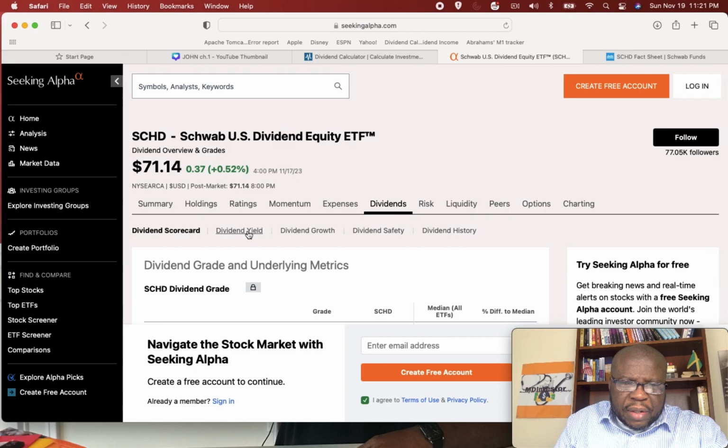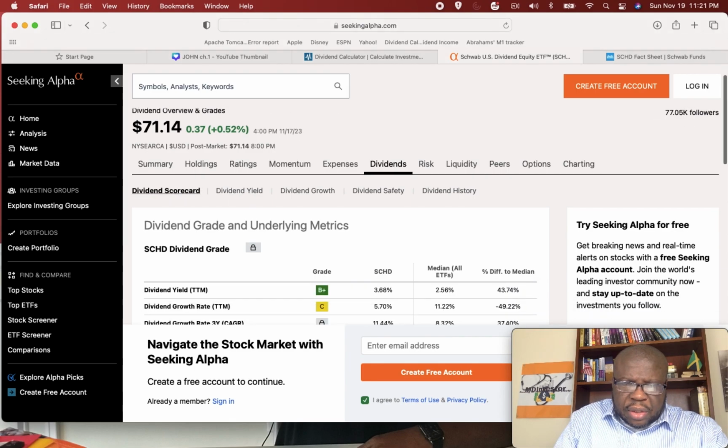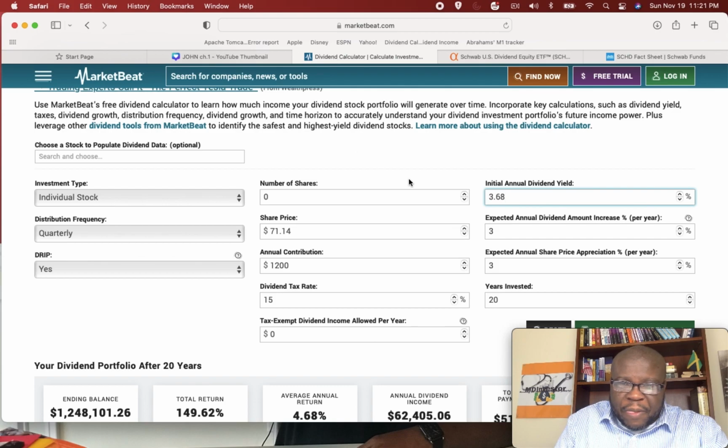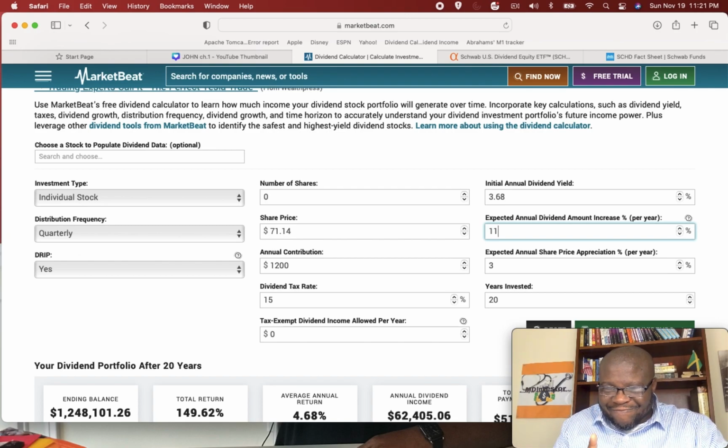The dividend scorecard. Let's see here. They had dividend growth rate for the 10-year was 11.11. So let's use 11%. If they're able to grow their dividend annually at that double digit, let's use 11%. Whether they can keep that up, we'll put 11%.